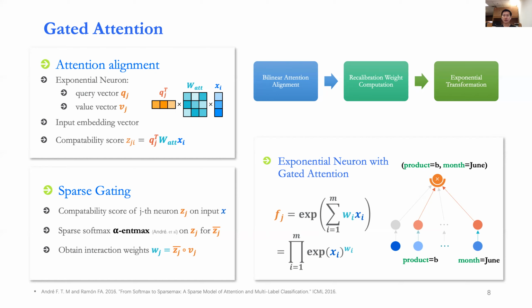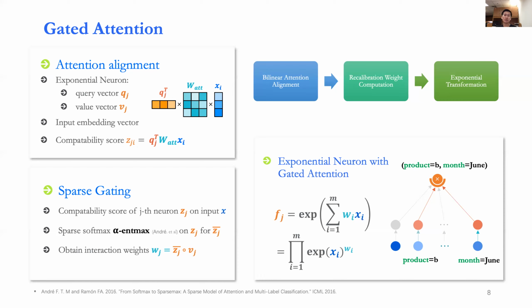Then the query vector Qj of the jth neuron is used to calculate the compatibility score between the jth neuron and the ith input feature Xi via the bilinear attention alignment. That is the Qj W Xi here. So with attention alignment, the compatibility score dynamically captures the relative importance of feature Xi to neuron j.